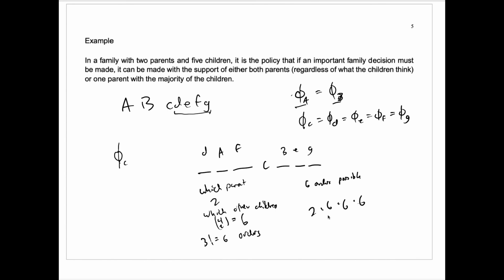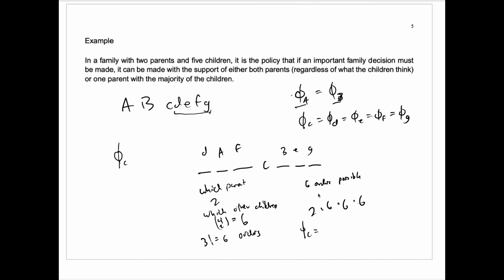And one can easily compute this number, 2 times 6 times 6 times 6, but I won't even bother right now, because what we know about phi sub C is that we count the number of orderings that make C the linchpin, in other words, the one who turns a losing coalition into a winning coalition.